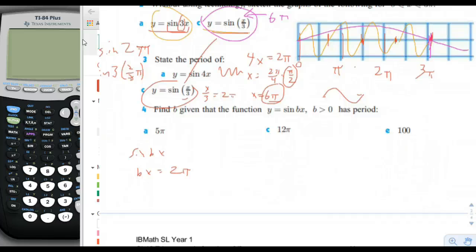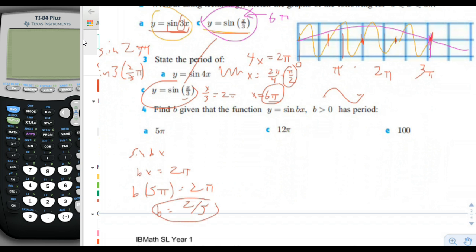What if the period is 5 pi? What they're saying is you put in x of 5 pi and multiply times b and you get 2 pi out. So what's b? b is equal to 2 pi divided by 5 pi, which is 2/5, right?